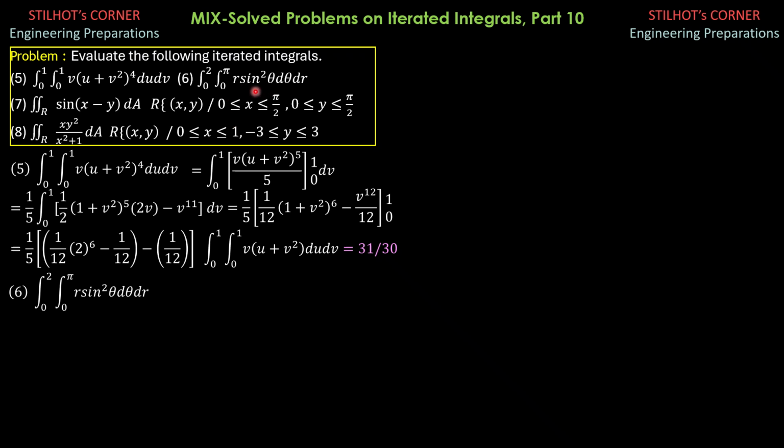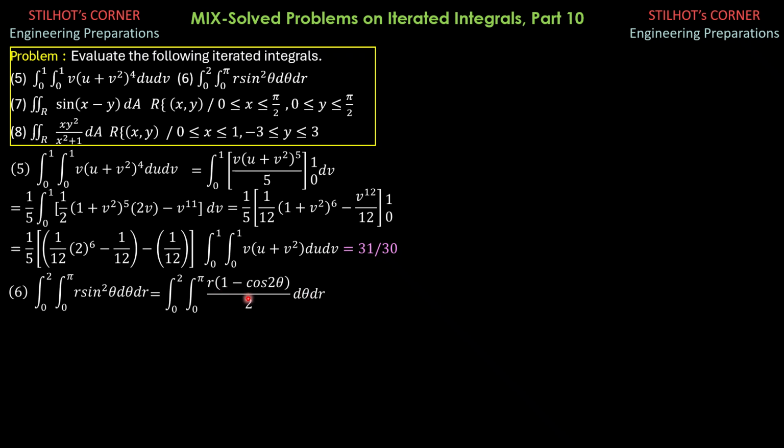So that we can evaluate this, we use the identity of sine squared theta, which is 1 minus cosine 2 theta all over 2. So that would be the integral from 0 to 2 of the integral from 0 to pi of r times 1 minus cosine 2 theta over 2 d theta dr. So this is r over 2, the integral of 1 d theta, of course, is theta.